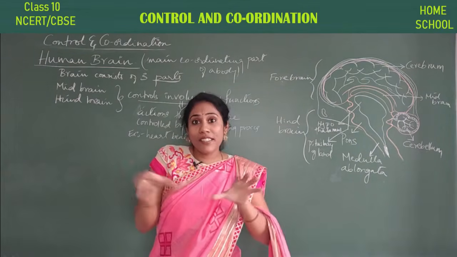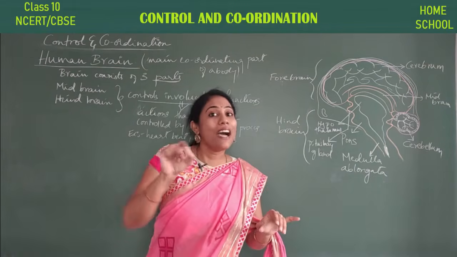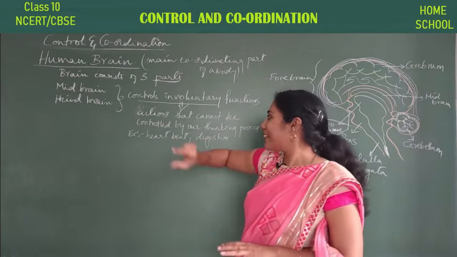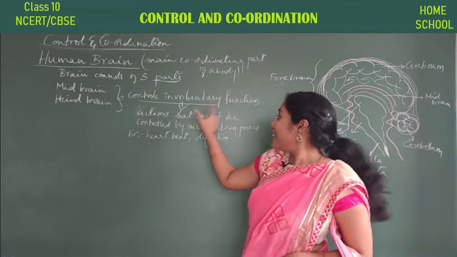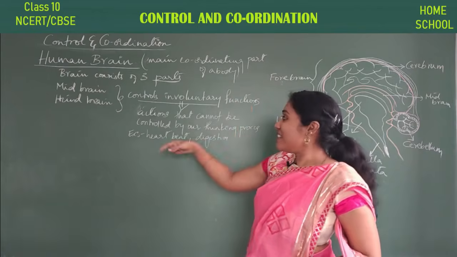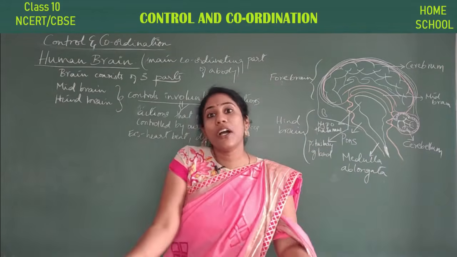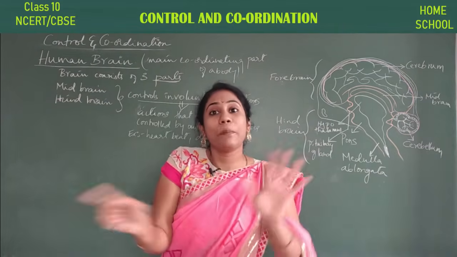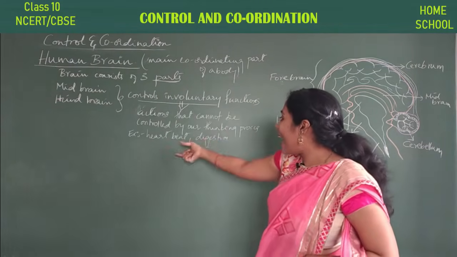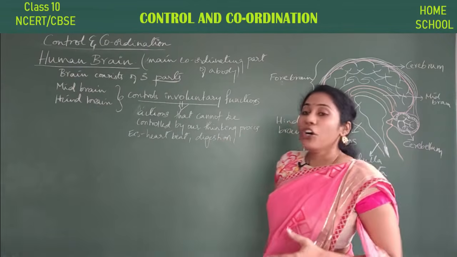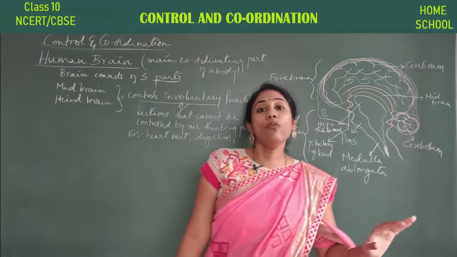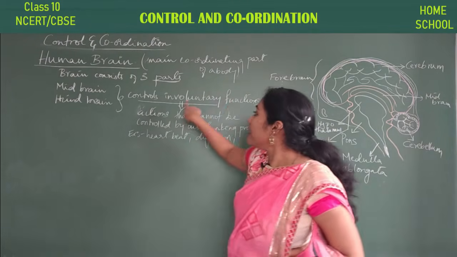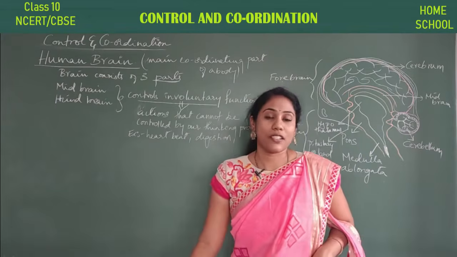But even those things are controlled by parts of the brain called the midbrain and hindbrain, which together do this work. They control the actions that are not in your hands, actions that cannot be controlled by the thinking process, like breathing, heartbeat and digestion. These are called involuntary functions. So the midbrain and hindbrain together control the involuntary functions.